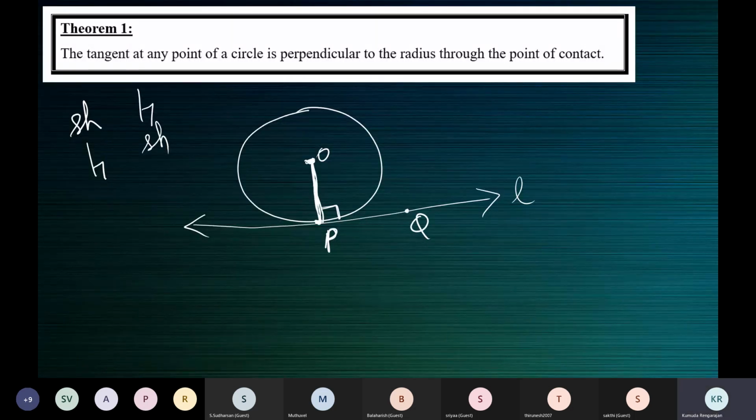Now we know that there can be points lying inside the circle, on the circle, and outside the circle, right? When you look at the points on the tangent, all the points on the tangent will lie outside the circle, except the point of contact P which lies on the circle.